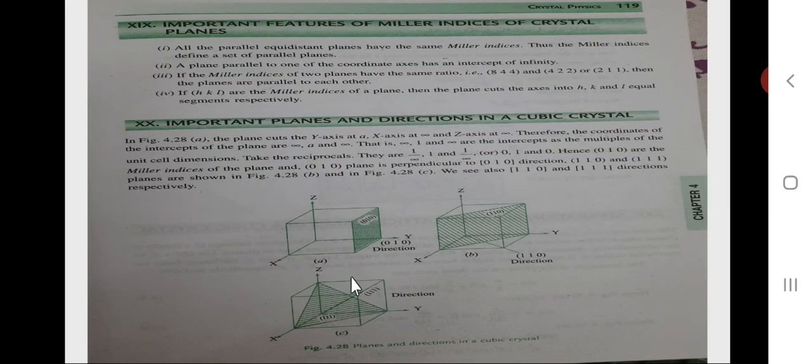Now, important features of Miller indices of crystal planes. The first is that all the parallel equidistant planes have the same Miller indices. Thus, the Miller indices define a set of parallel planes.